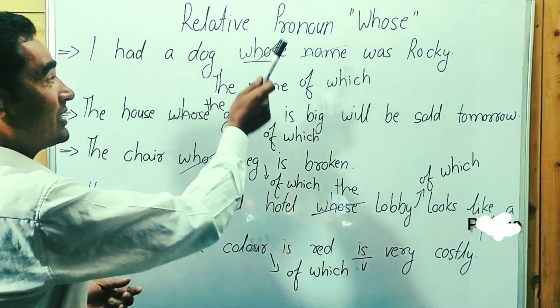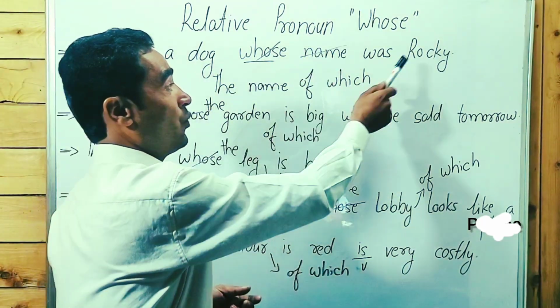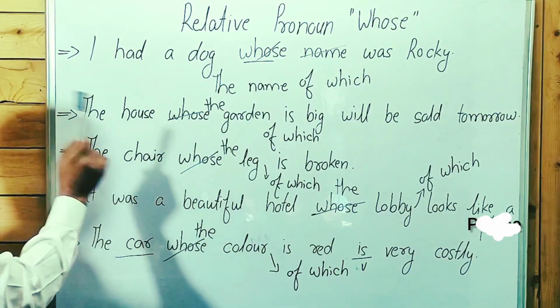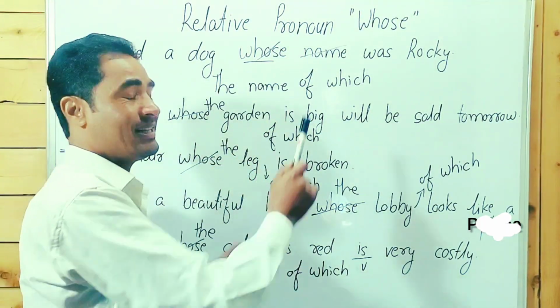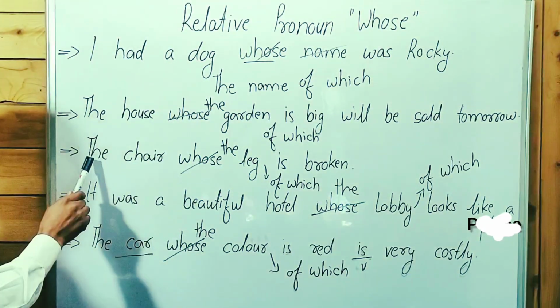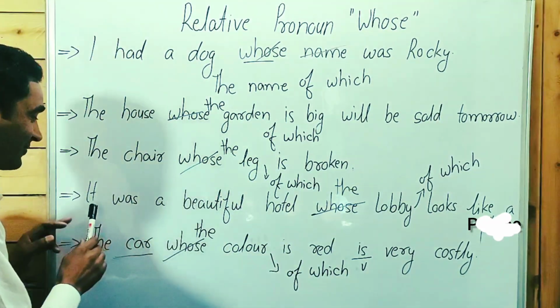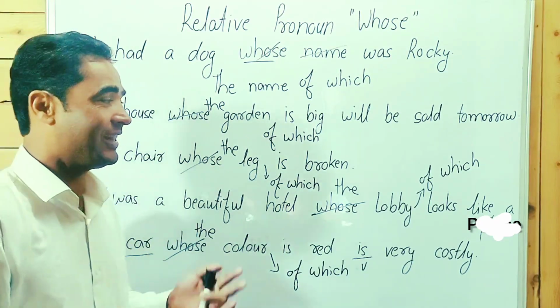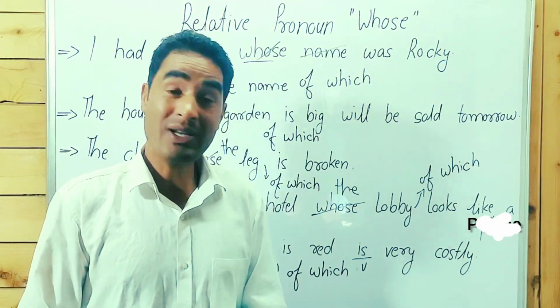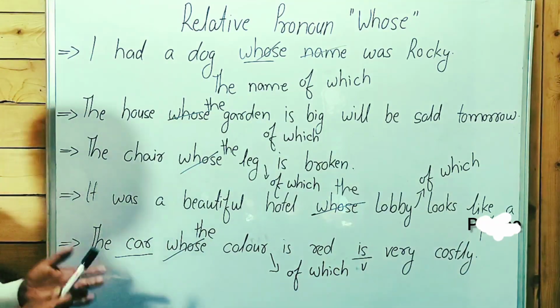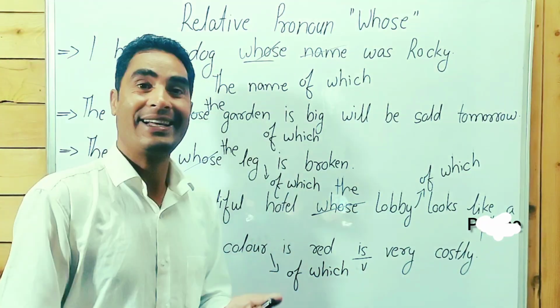I had a dog, the name of which was Rocky. The house, the garden of which is big, will be sold tomorrow. The chair, the leg of which is broken. It was a beautiful hotel, the lobby of which looks like a palace. The car, the color of which is red, is costly.